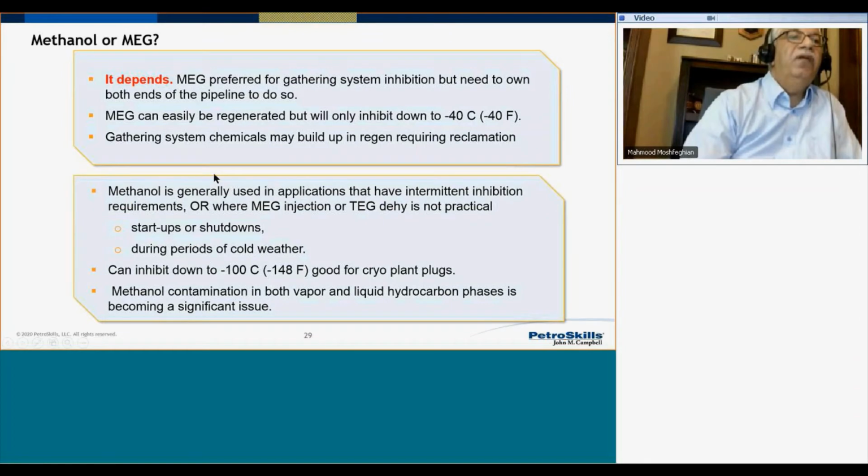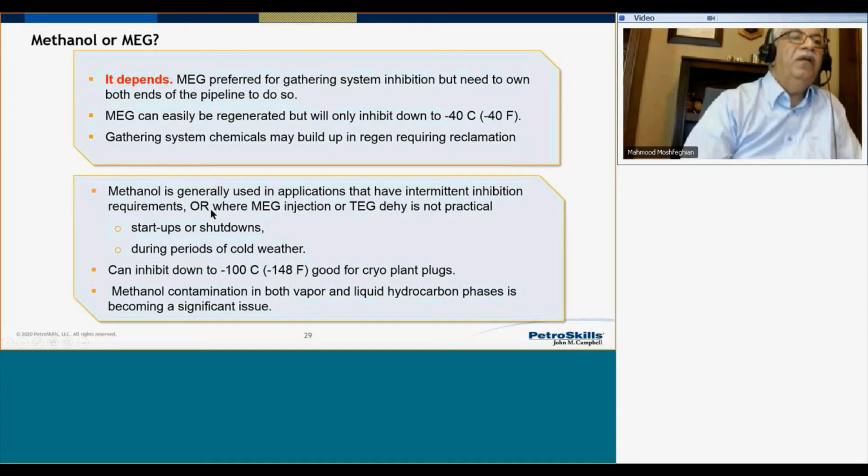However, methanol is generally used in applications where intermittent inhibition is required, like startup or shutdown during periods of cold weather, like wintertime. So we don't use it all around the year.